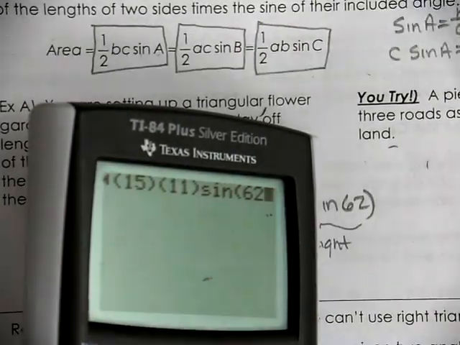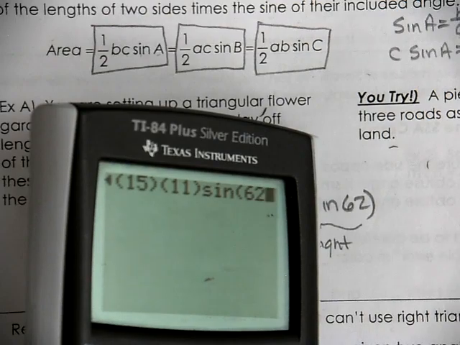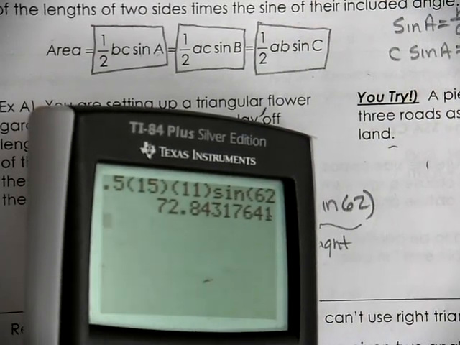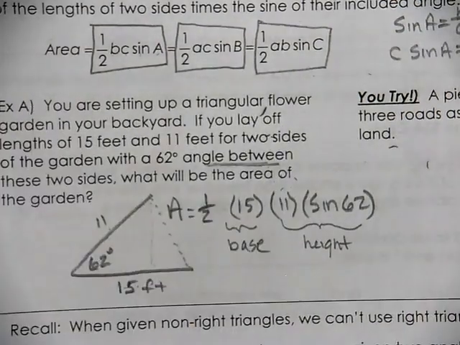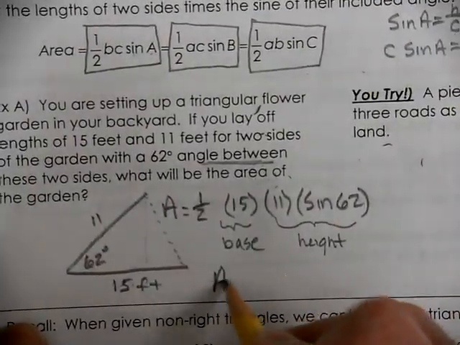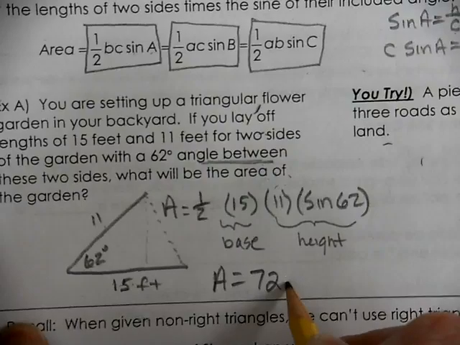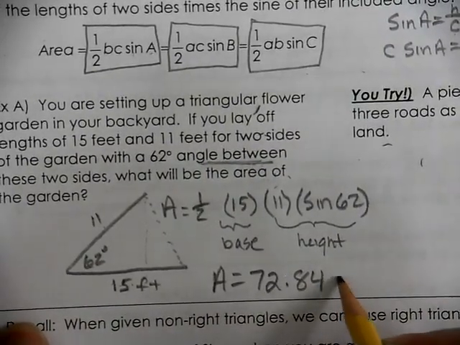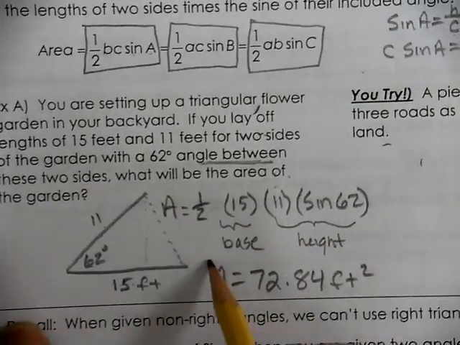Now you need to be sure you're in degree mode if you're going to use a degree value. And we get 72.84. And those would be feet squared, square feet.